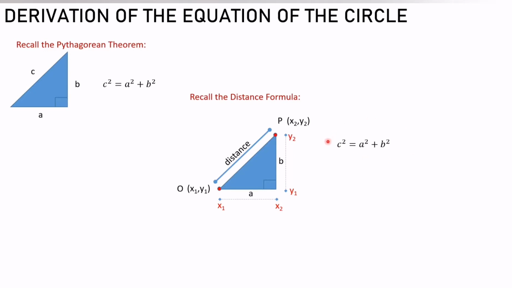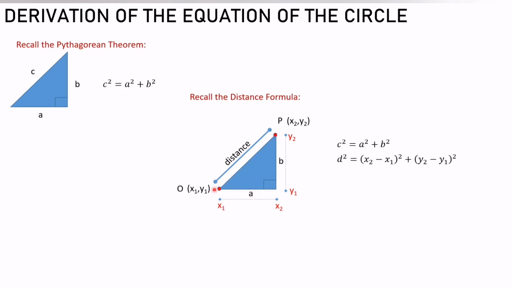Recall the Pythagorean theorem, c squared is equal to a squared plus b squared. In this case, for distance formula, our c is now distance, or we just denote that as d. So d squared is equal to the sum of the squares of the two legs, a squared plus b squared. How do we get the distance of A?